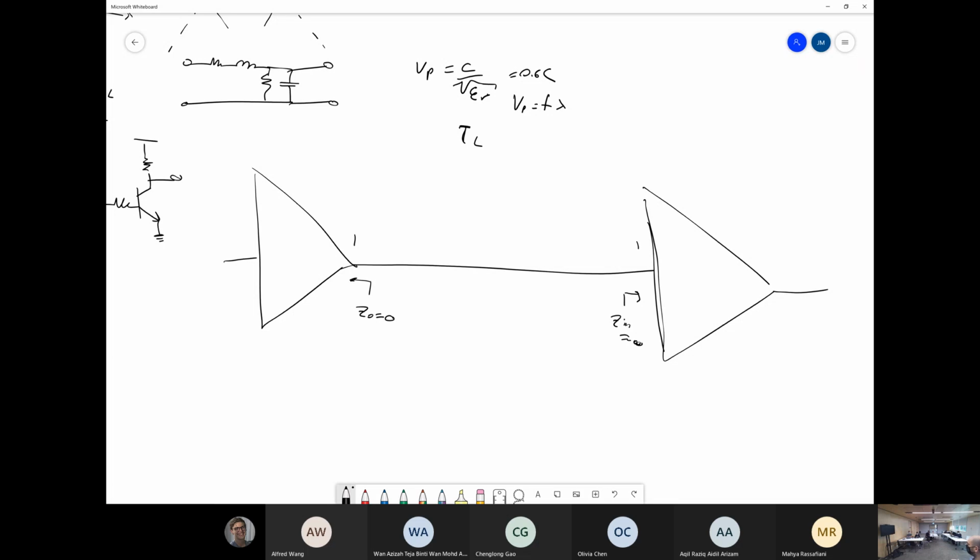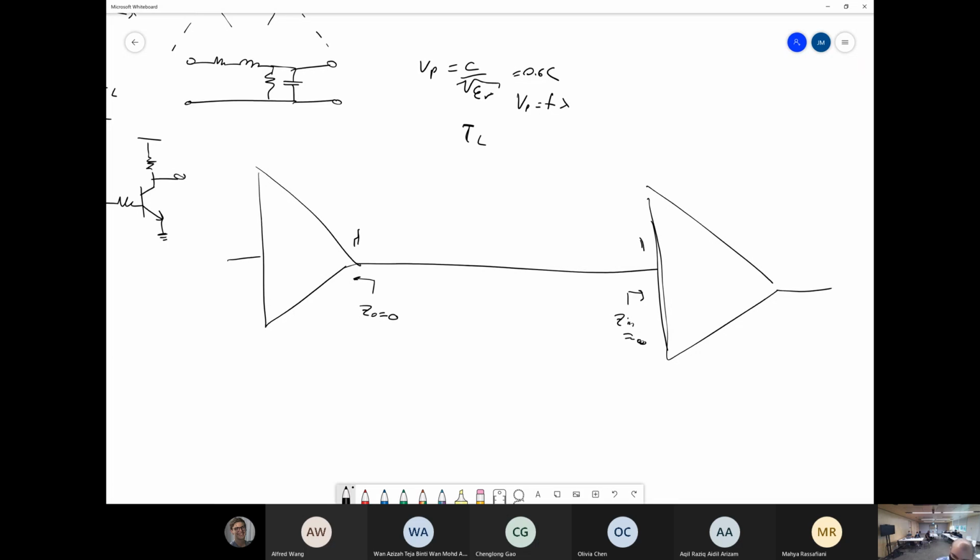In this case, you don't want your frequency to be more than 1/10 or 1/5 of the wavelength. So basically what it's saying is that this length here, L, has to be less than or equal to roughly 1/10 of lambda. You want your line to be 10 times shorter than your wavelength before you have to worry about impedance matching.